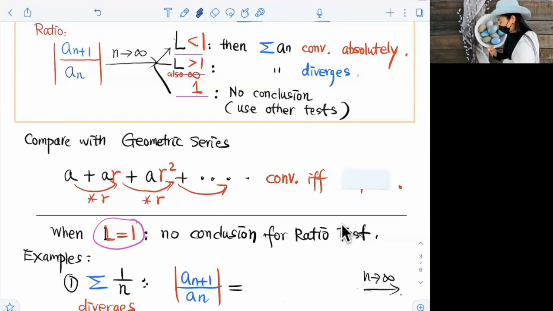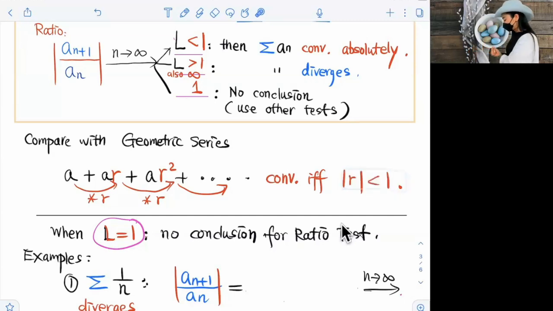Every time you multiply by the common ratio r, the geometric series converges if and only if the absolute value of r is less than 1, right? You got it.